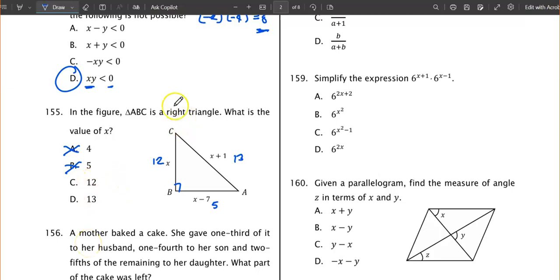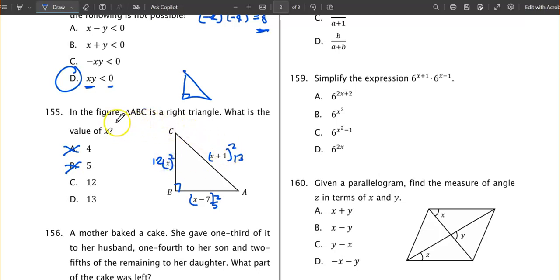And again, if you are familiar with your Pythagorean triple, we have 5, 12, 13 as one of the Pythagorean triples, right? It will form a right triangle. Or if you want to solve this one using the Pythagorean theorem, you could say this is squared, and then this is squared, squared.